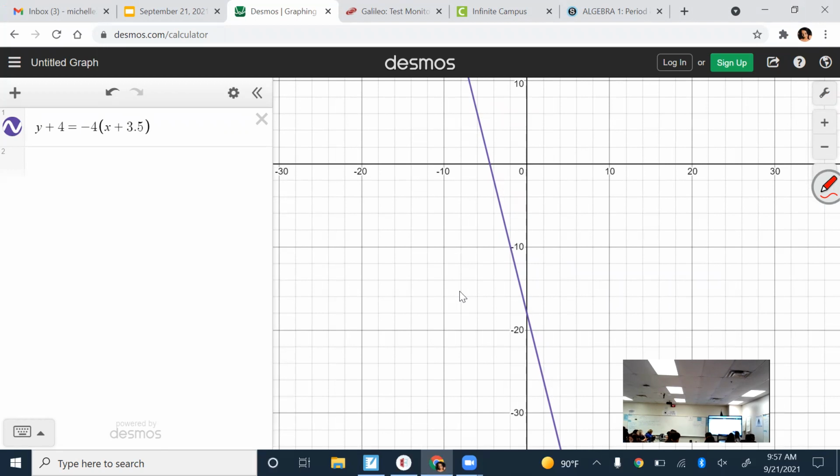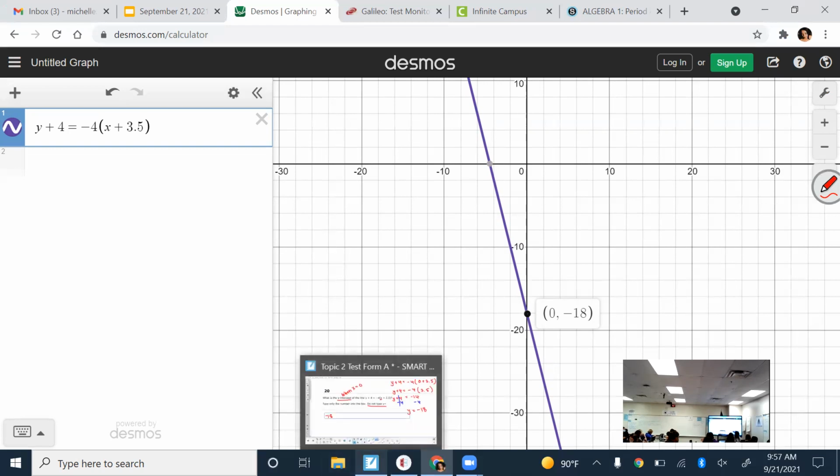There's a reason it's called your y-intercept, because it touches your y-axis. And if I hover over that point, isn't that the same answer that we got? Yes. So you can check your answers using Desmos, but you're still required to show the work, just so you can make sure you're doing it right. All right. Any other ones you'd like to see from the test?